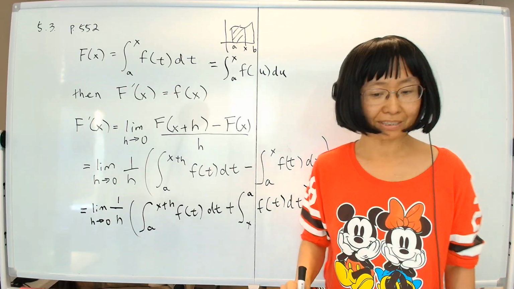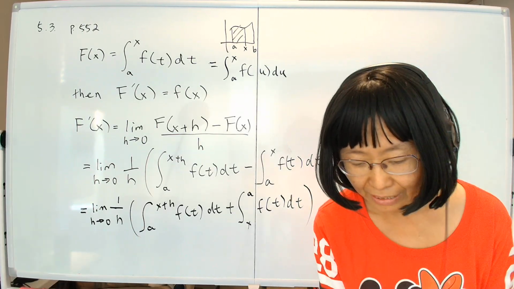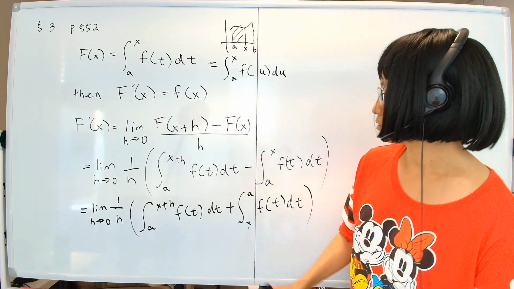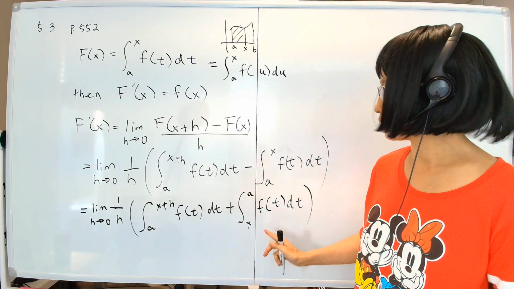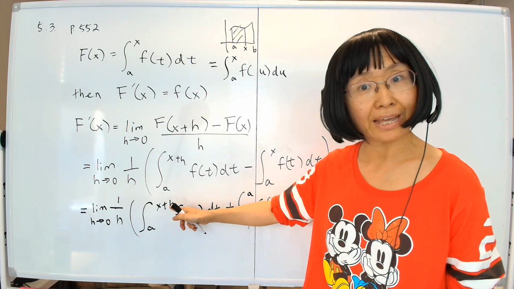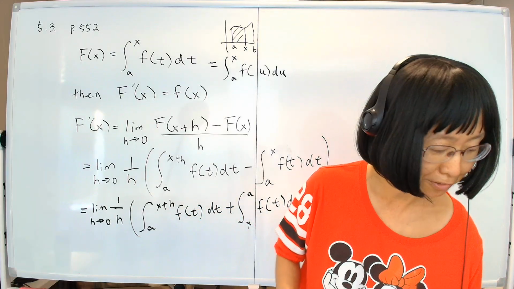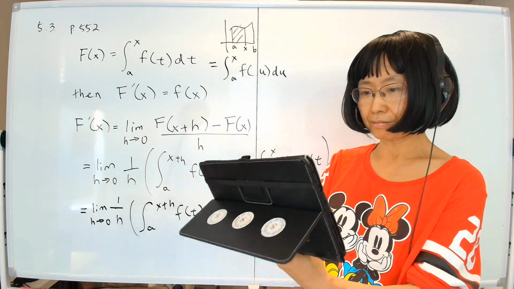All right, so we did a lot of writing for that little bit. Now next, what we're going to do is apply a different rule. You notice that these two things add up, from x to a, and then from a to x plus h. Okay, a is sort of a middle point. Let me show you the rule again.